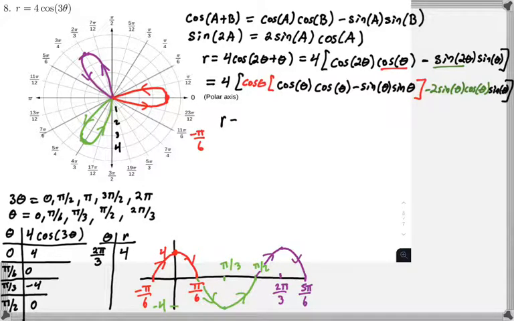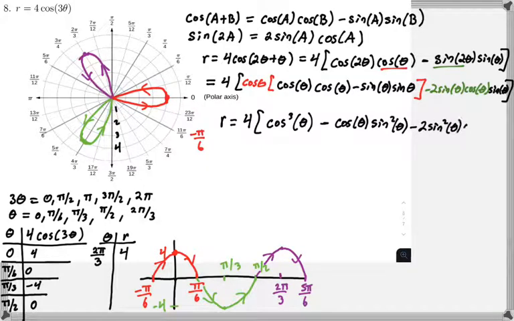Okay, so r is equal to 4 cosine cubed theta minus cosine theta sine squared theta minus 2 sine squared theta cosine theta. Okay, so we got a cosine cubed, we got a cosine times a sine squared times a cosine.